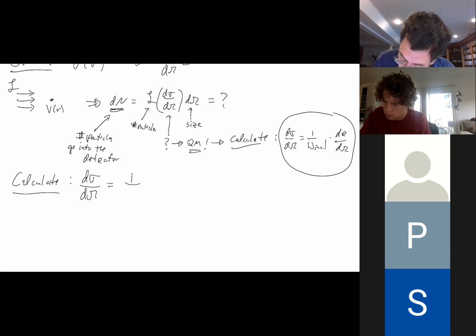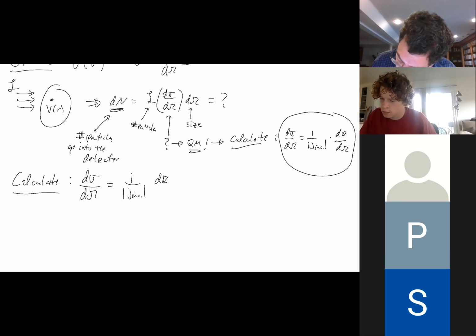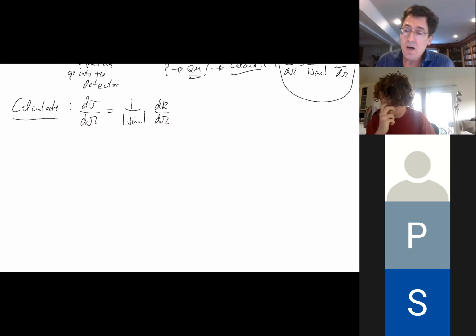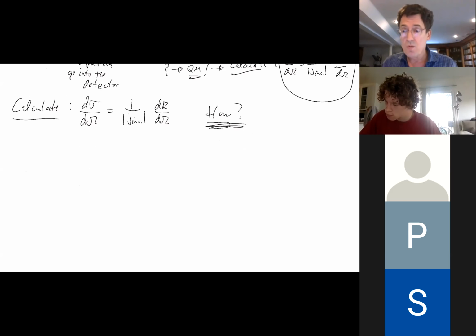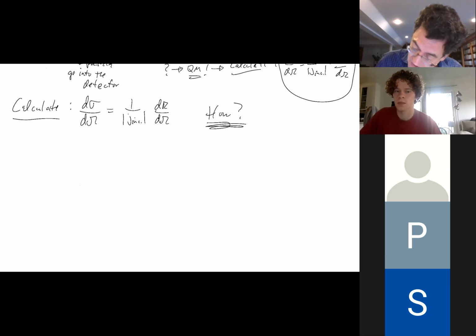So how do we calculate this thing? If I say to you, here's a potential, what is the differential cross section? Then you have to calculate this quantity. And how do we do it? Well, of course, we're going to use quantum mechanics. And so here's the picture.